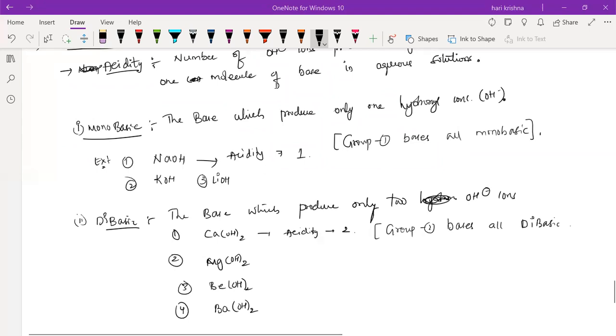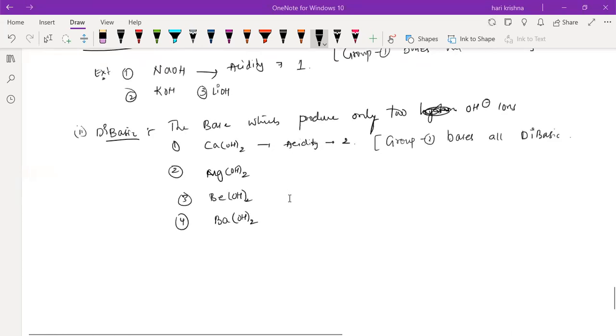Next one is polybasic. Sir, can group 17 elements form monobasic? Generally, group 17 elements will form the acids: HCl, HF, HBr. Those are the acids.